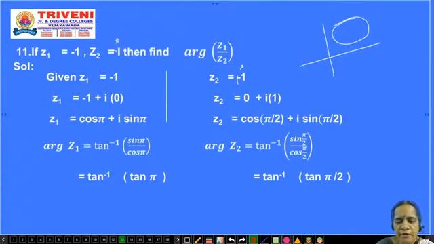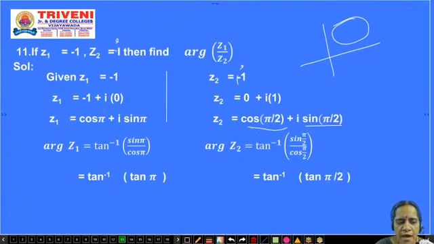Then we write 0 is cos pi by 2, 1 is sin pi by 2. Then arg of z2 is equal to tan inverse of imaginary part sin pi by 2 by real part cos pi by 2, which is tan pi by 2.